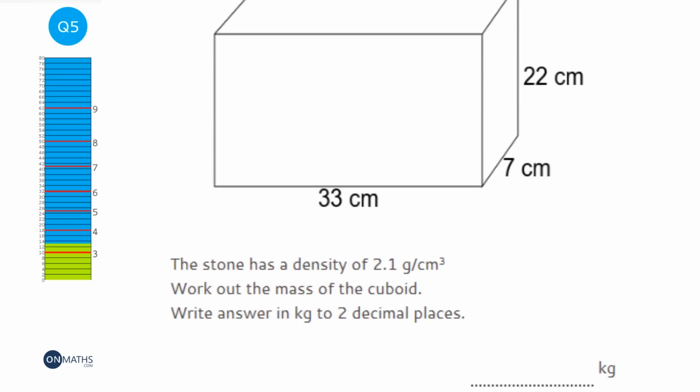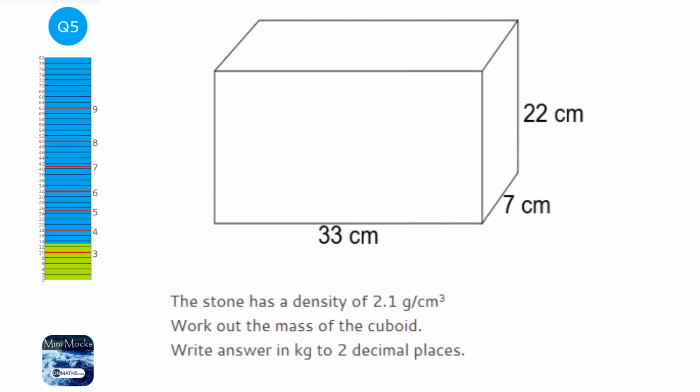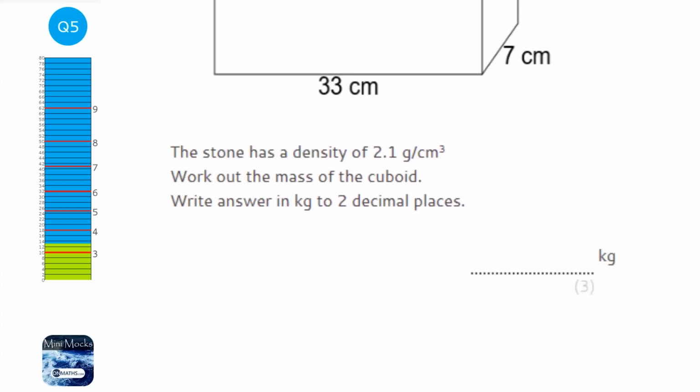Okay, so we're given the density and we're asked for the mass, and we can work out the volume. So the first thing I'm going to do is just draw my triangle, and it's density, mass at the top, volume at the bottom. So to work out mass, I'm going to do density times the volume. Okay, so we first of all have to work out the volume.